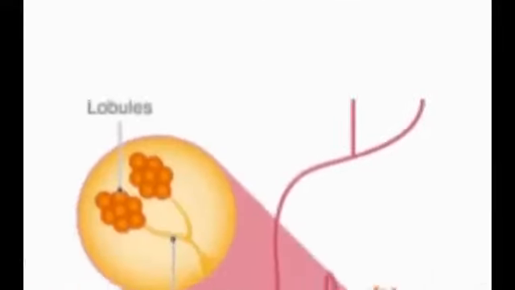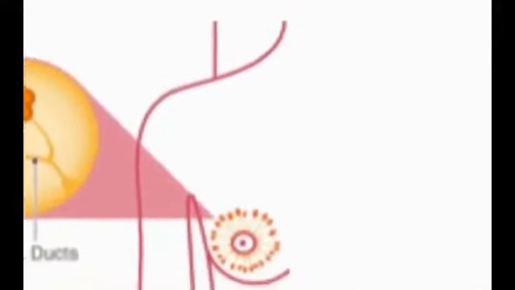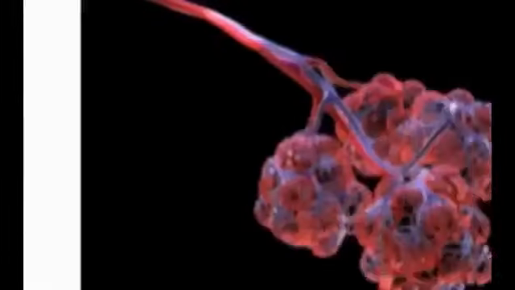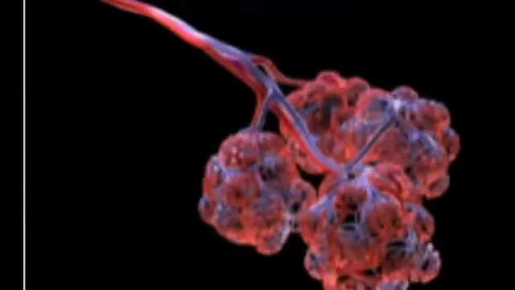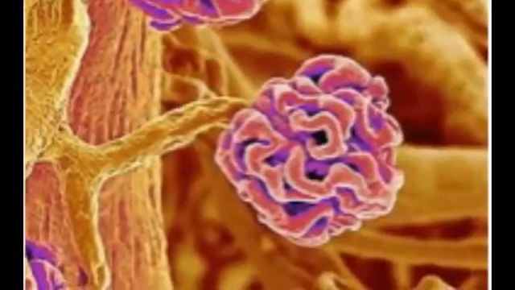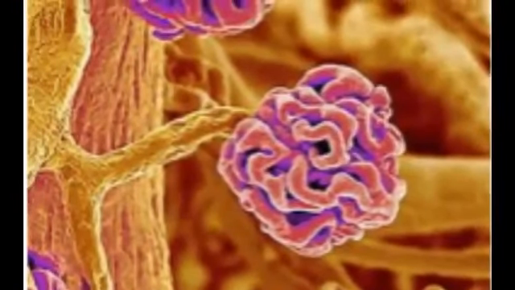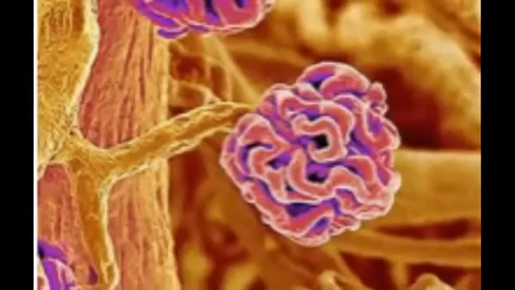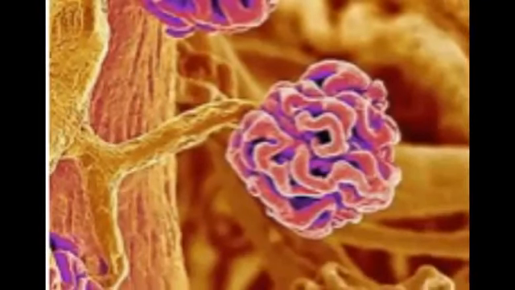Then in the middle of the slide, these are the alveoli inside of our lungs. And on the right side of that slide, this is the glomerulus of our kidney. As you see, again, we have a repetitive model of organization of the structure inside of our body.